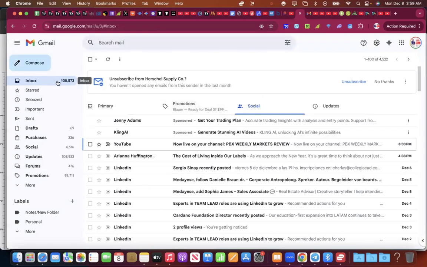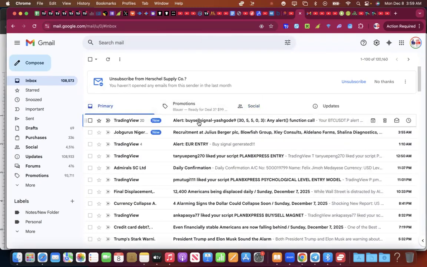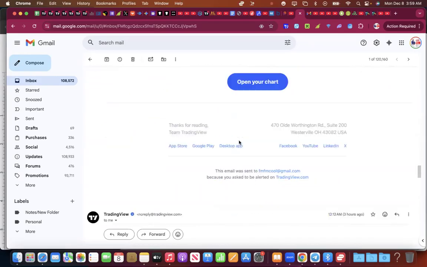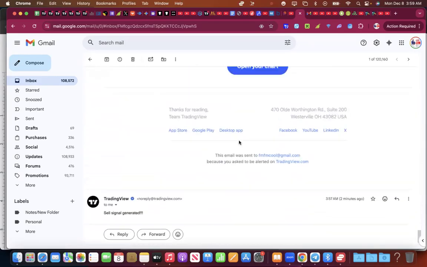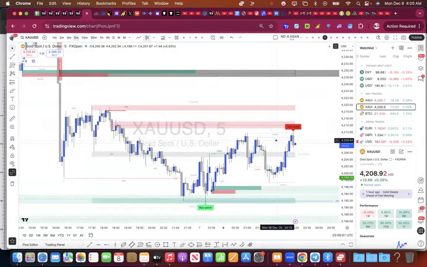Let's look at that signal. Your good alert was triggered, sell signal generated. That was that signal that came.